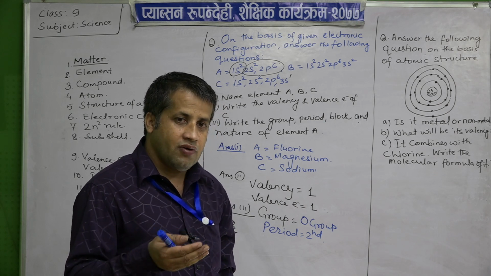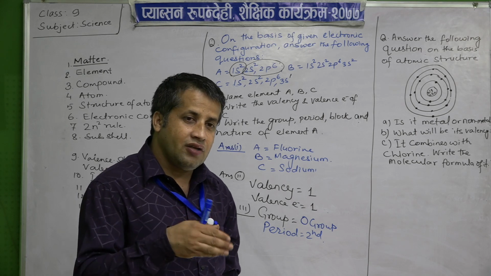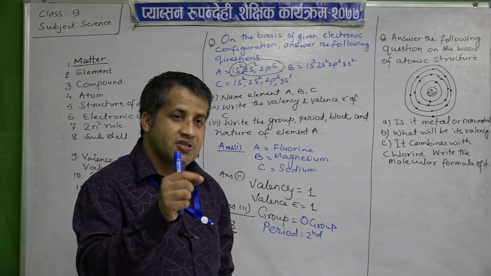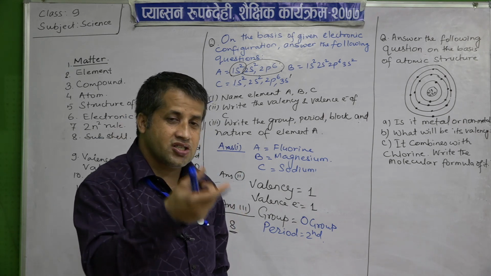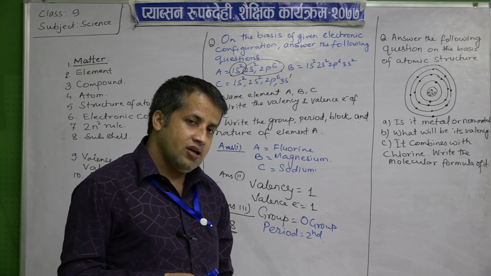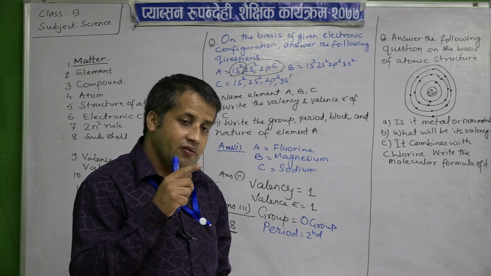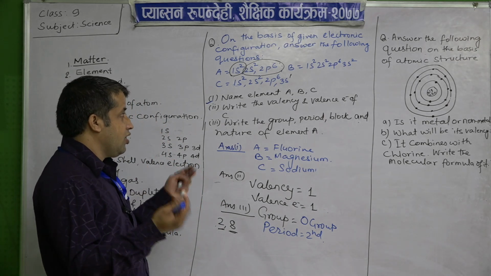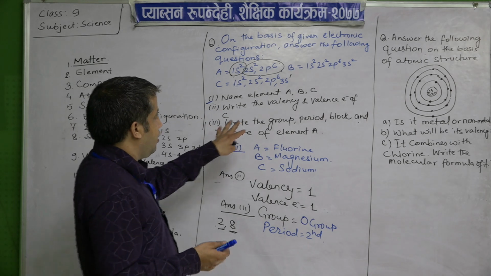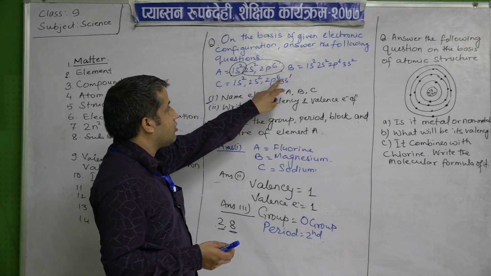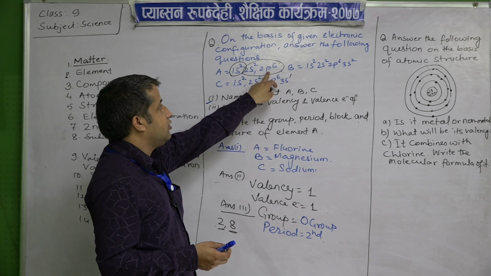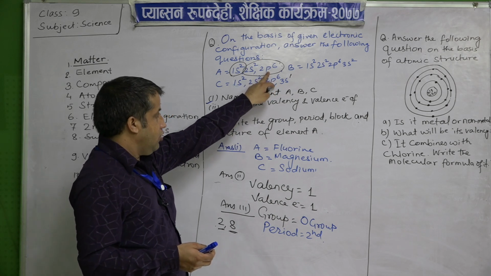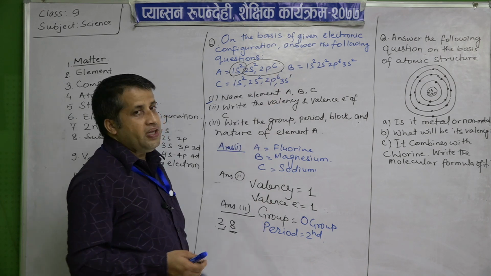On the basis of the electron entering in the valence shell or subshell, the subshell in which the last electron is adjusted will give us the block in the modern periodic table. So here in this example the last electron enters P. So it belongs to P block.